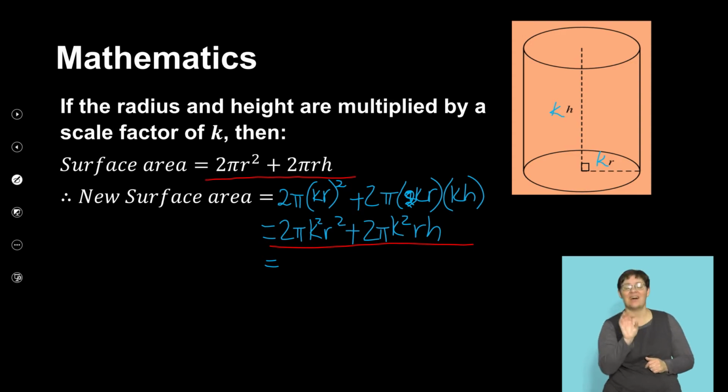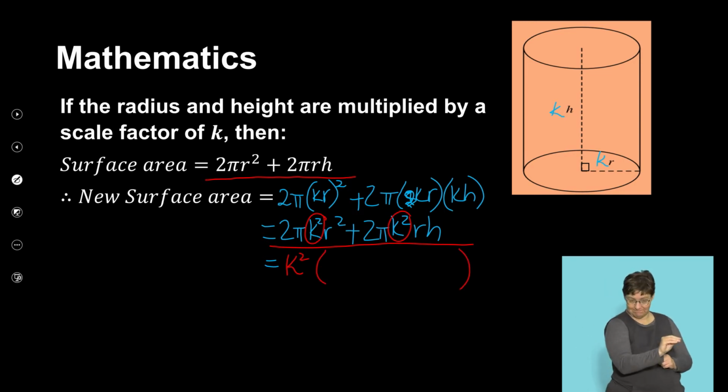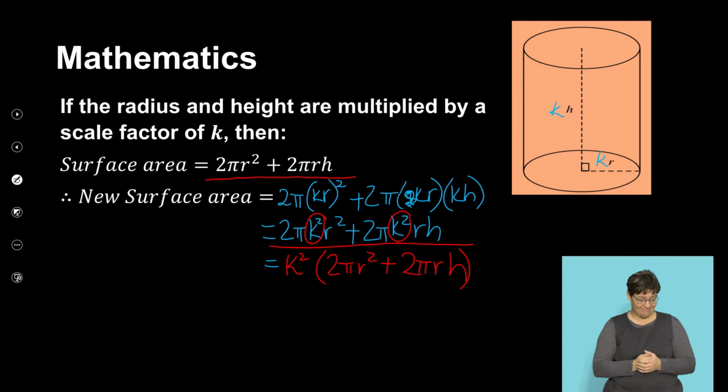Hopefully, everyone can see that I can take out a highest common factor of k squared because I have a k squared present in both cases. So it's going to be k squared times 2 pi r squared plus 2 pi rh.